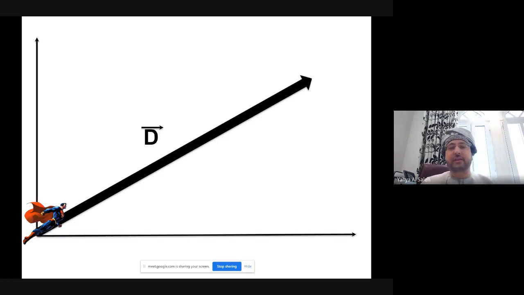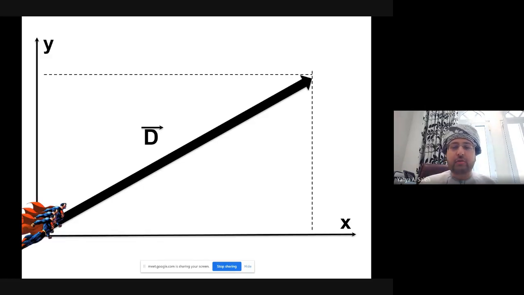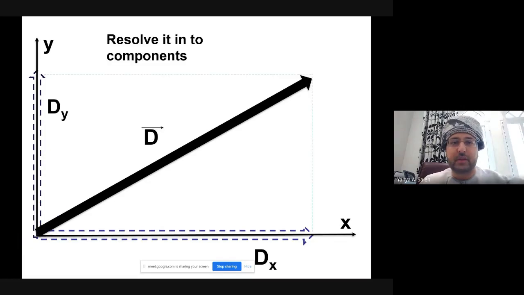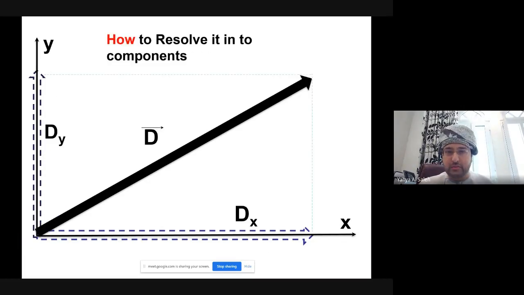Okay, if I have this vector D, then I can write it as a sum of 2 vectors. What is this vector in the Y direction? And what is this vector in the X direction? If I do that, I call it resolving it into components. And to do that, I need to do some maths.